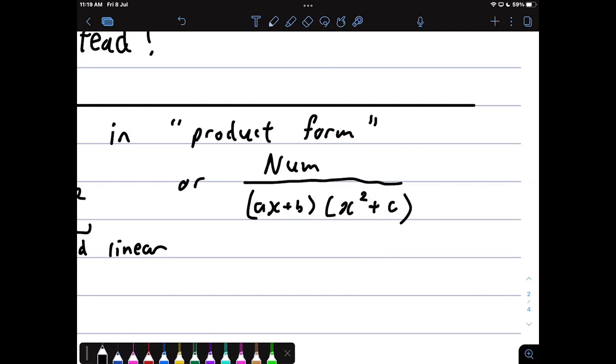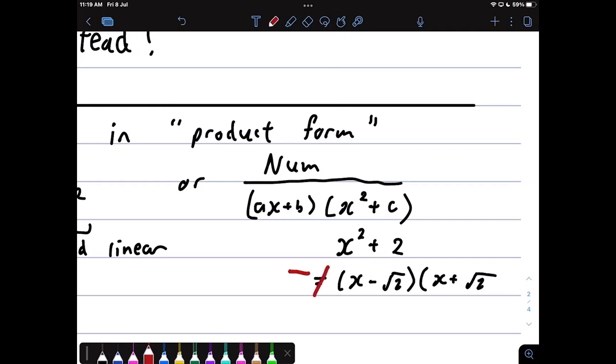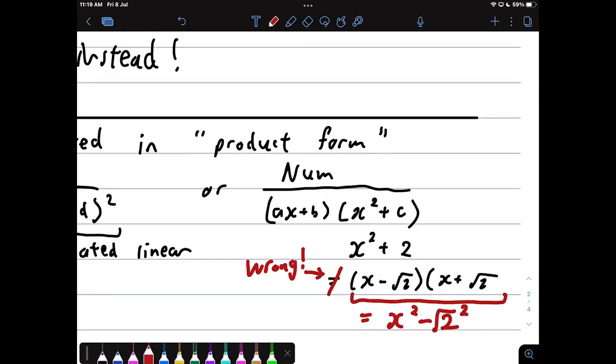No. Because it's plus. Very good. This is wrong. Don't make this mistake. Instead, what is this equal to? This is actually equal to x squared minus 2, minus with a minus, square root 2 squared. Okay. So those are the three formats.